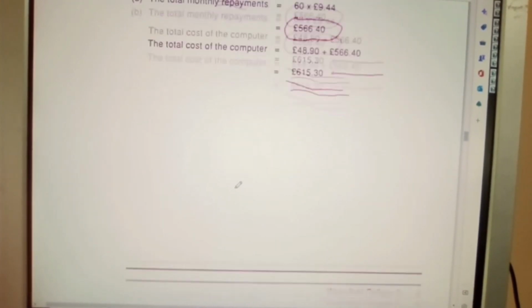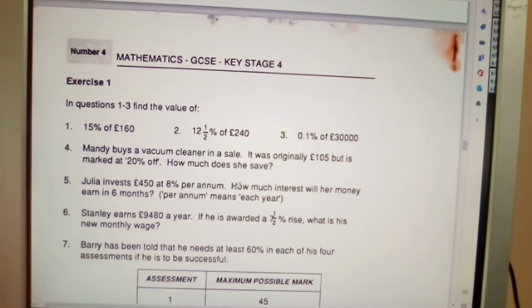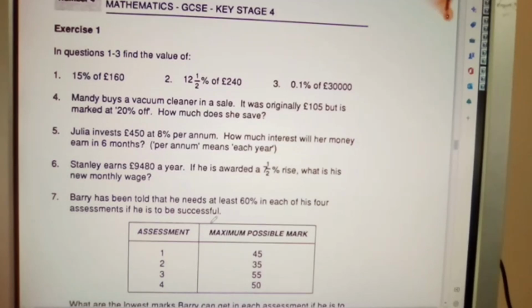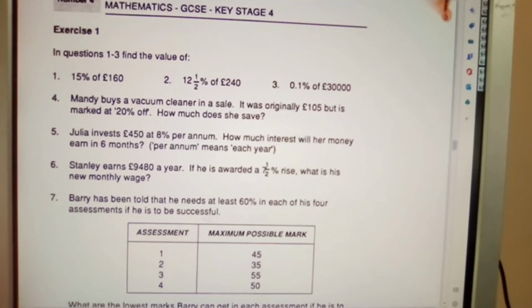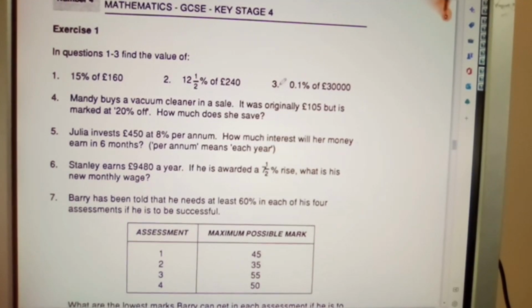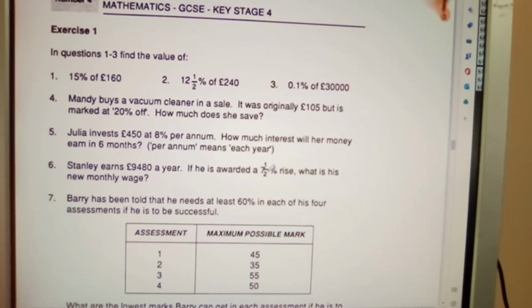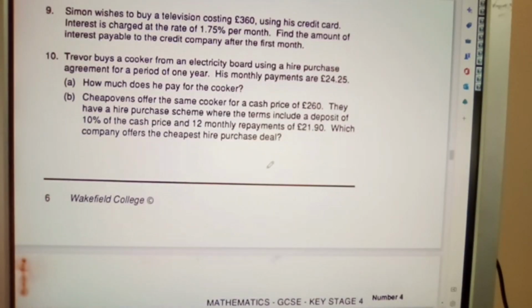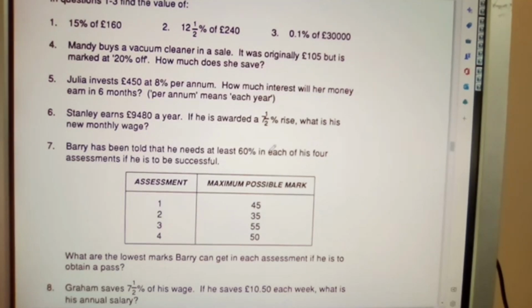Okay, let's carry on. Here are some exercises, questions 1 to 3. Find the value of 15% of 160, 12.5% of 240, and question 3, 0.1% of 30,000.